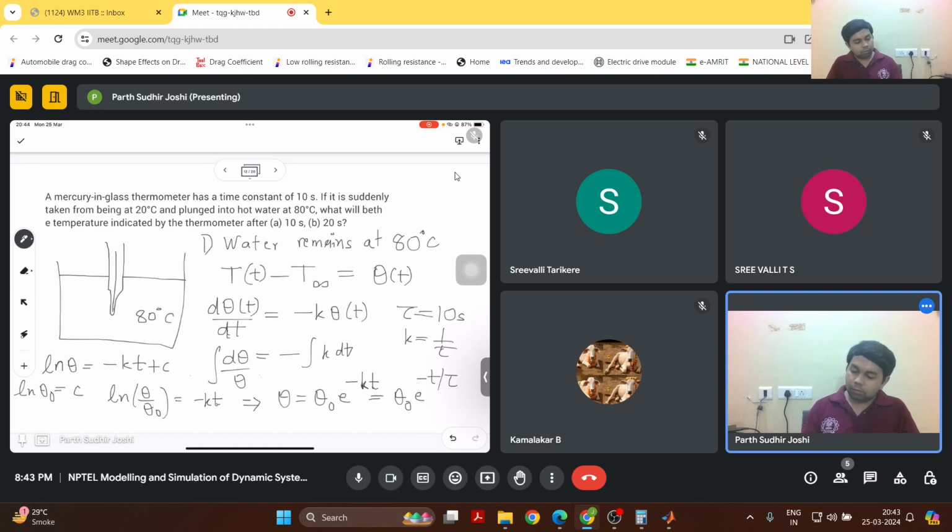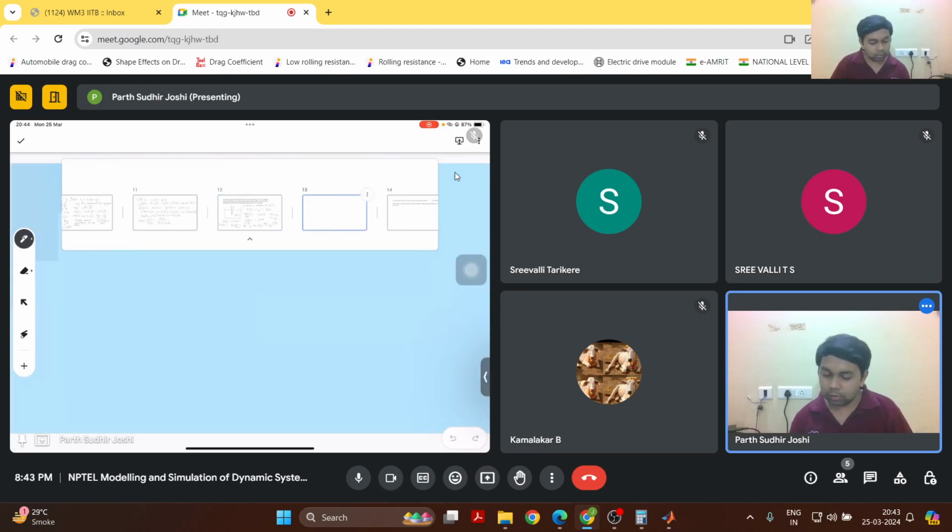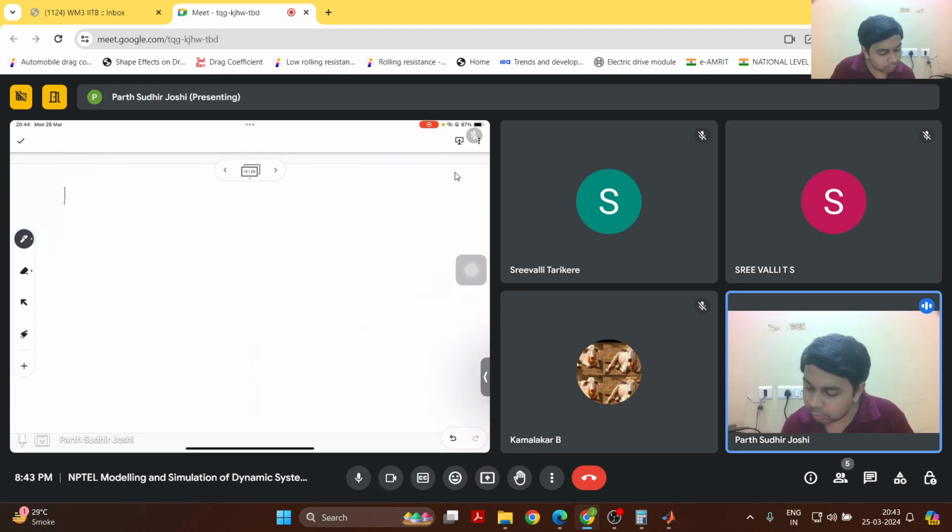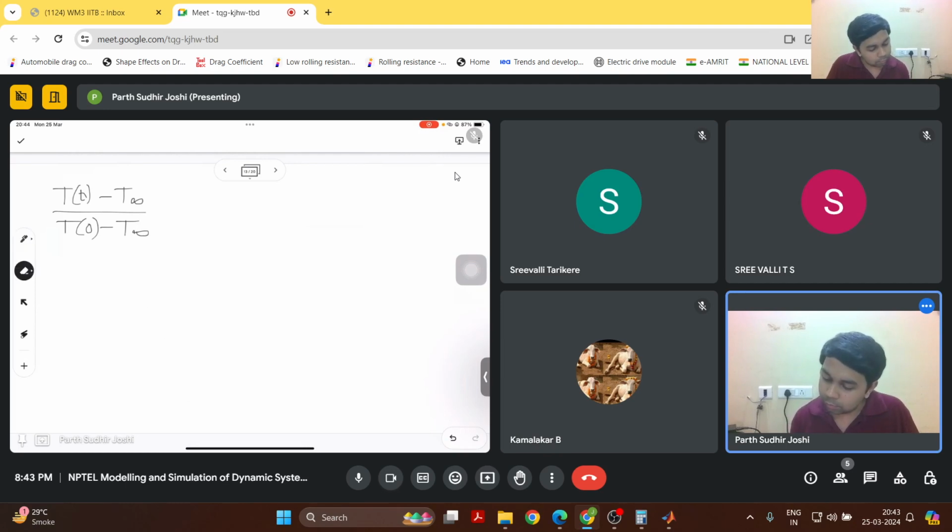So what we have is that the temperature T at time t minus T infinity is equal to e raised to minus t by tau. So this is our equation.